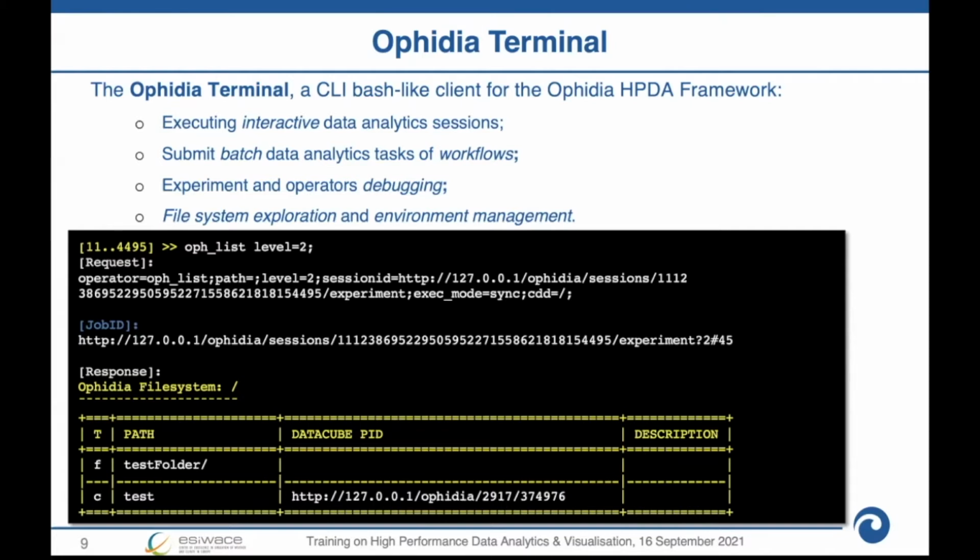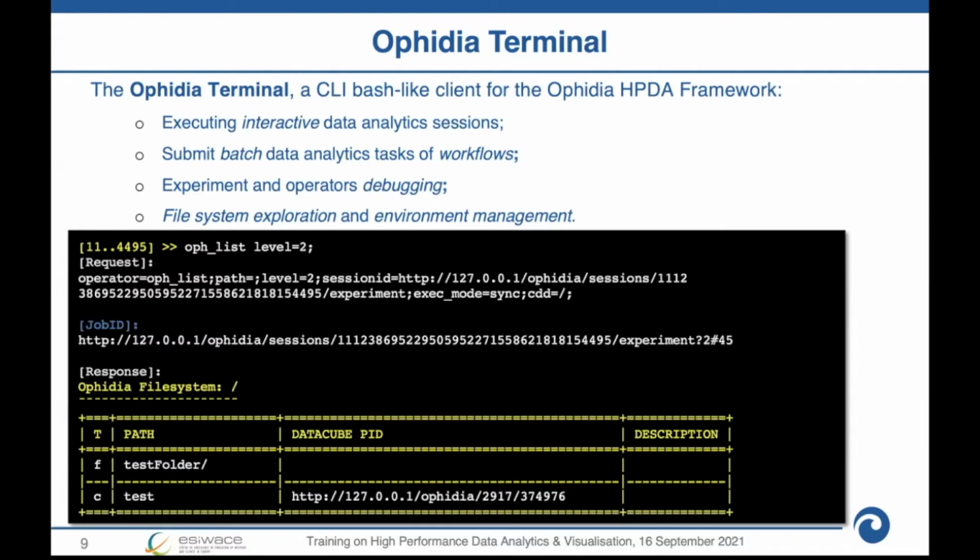The terminal takes care of translating the user commands, which are shown, for example, in this figure. This OPH list is a particular Ophidia operator, and then translates this command into the proper request and submits this to the Ophidia server, which in turn will take care of executing this on the computing infrastructure.